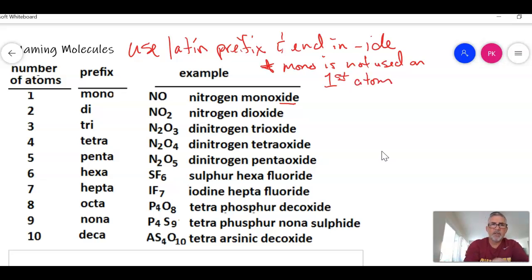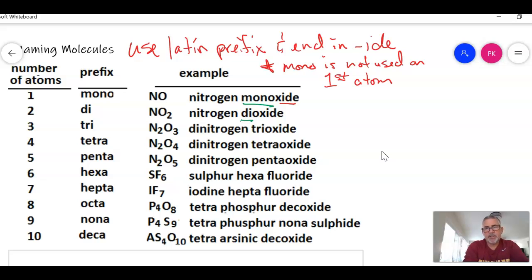Okay, so if I look at this first one, I got one nitrogen and one oxygen, so I say nitrogen monoxide. Right? I wouldn't say mononitrogen, right? So I don't use mono on the first atom. Next one, I have one nitrogen, two oxygen, so I'd say nitrogen dioxide.